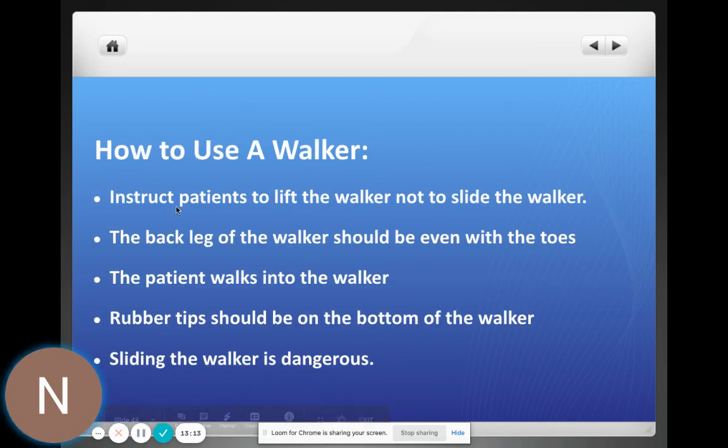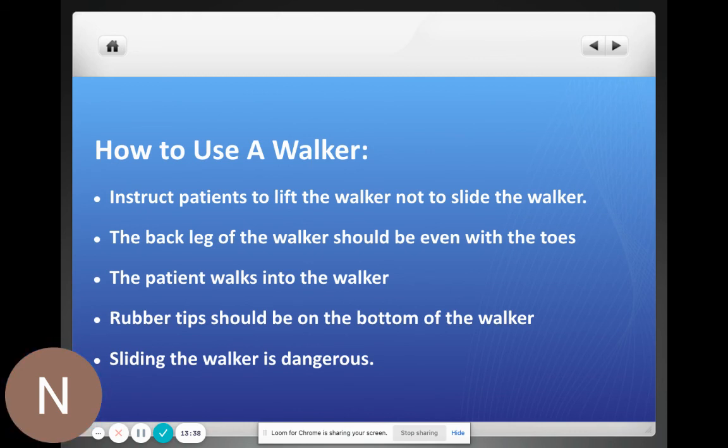How to use the walker, we tell the patient to lift the walker. We don't slide it forward because it could slide out from underneath them. The back leg of the walker should be even with the toes, and we start inside the walker. So we lift up the walker and we put it slightly forward, and then we shift our weight and step into the walker.